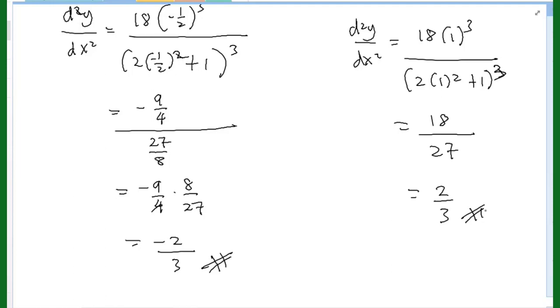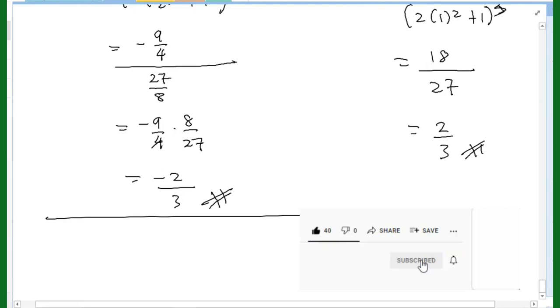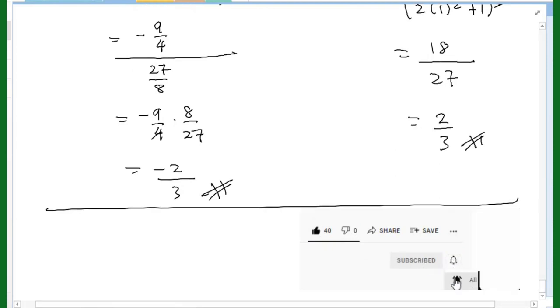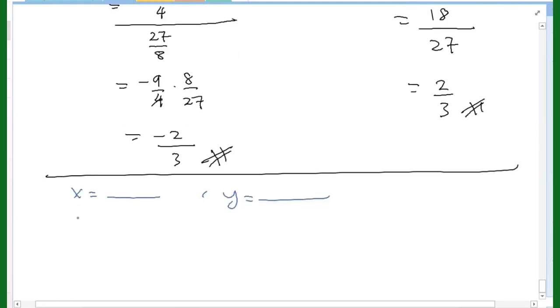A lot of work, right? Okay, the idea is, for this part, to find dy/dx given x and y in terms of parameter t. Find dx/dt and dy/dt, that's all you have to do.